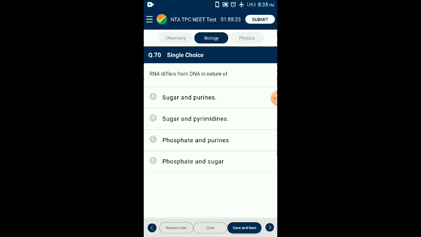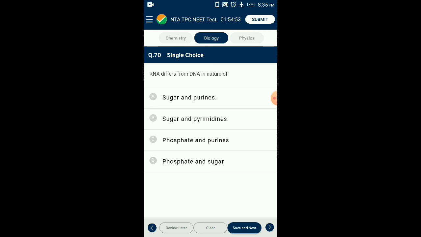Question number 70. RNA differs from DNA in nature of. Structurally, RNA is very close to DNA. Each backbone or nucleotide is made up of a nitrogenous base, a ribose sugar, and a phosphate group, that is similar to phosphoric acid. There are basically two differences that help distinguish DNA from RNA. Firstly, RNA has the ribose sugar, whereas DNA contains deoxyribose sugar.